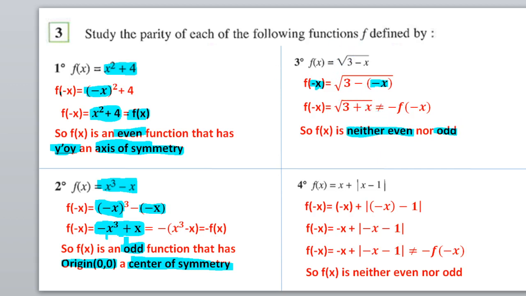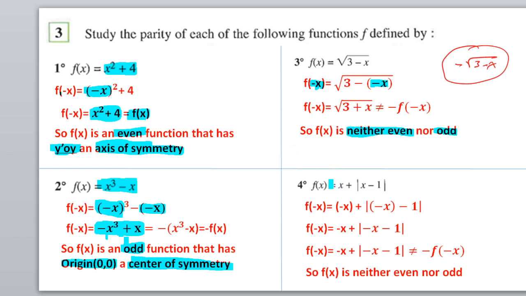Okay. طيب لحتى يكون odd لازم يكون هيك minus radical 3 minus x يعني هيدا اللي بيكون ال f of minus x. إذا طلع معنا هيك بيكون odd. I compare to this one. أنا بس أشوف اللي برا. Okay. So it's not. فإذا هو neither even nor odd. لا هو even ولا هو odd. شوف اللي بعده.